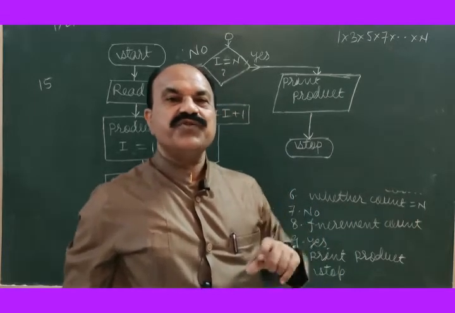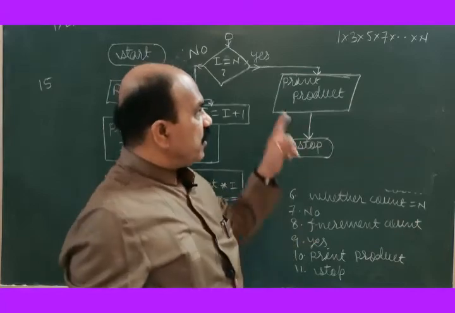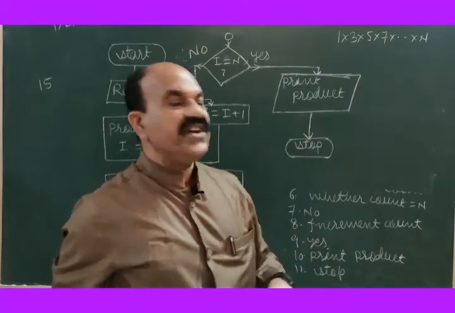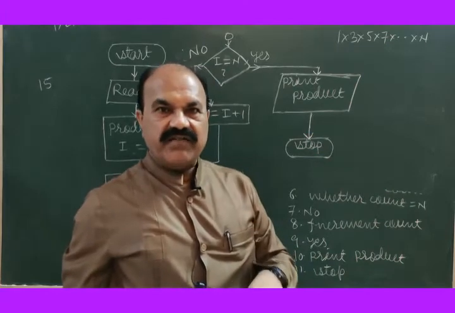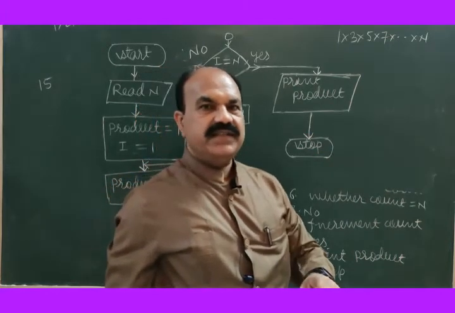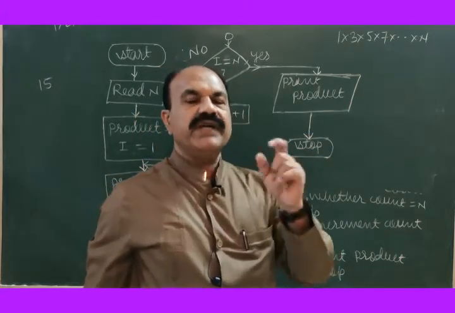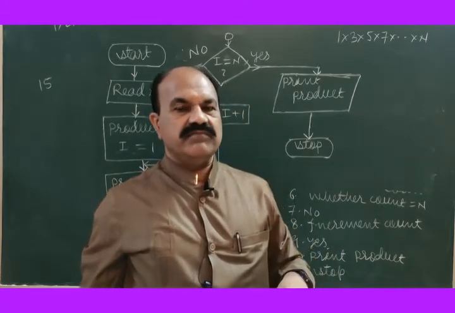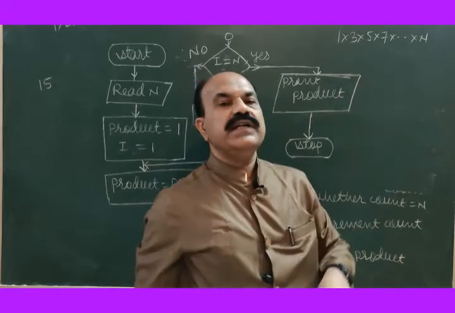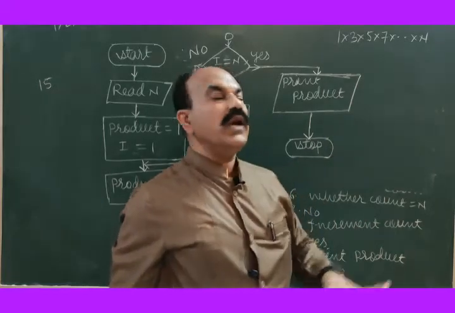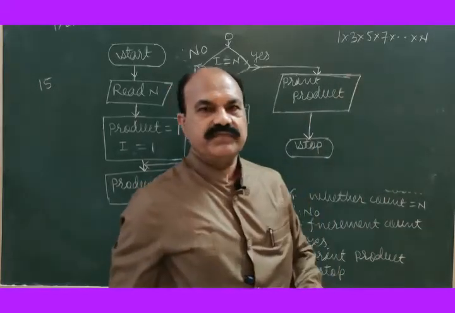And you are asked to find product of these odd integers up to n. You are required to write the algorithm and the flowchart for odd integers only from 1 to n.